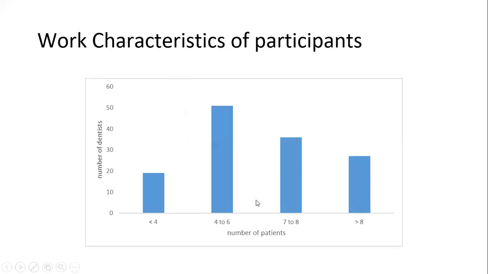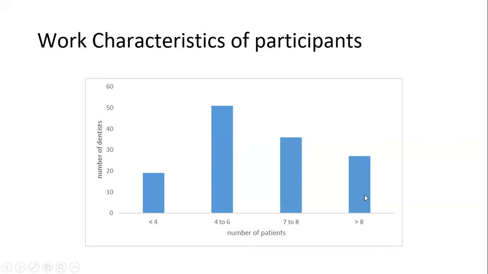And with regards to the work characteristics of the participants, in terms of patient loads, you can see that, quite a range in terms of patient loads. The most common is 4 to 6 patients a day. A few that also see 7 to 8.